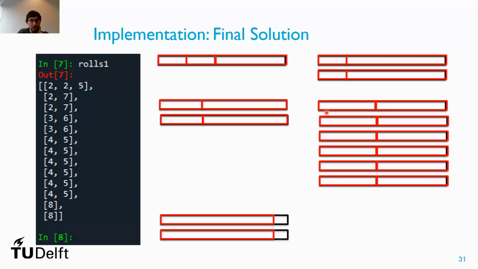We have 6 equivalent rolls with an item of length 4 and 1 item of length 5. And we have 2 rolls with a single item with length 8. So overall we have only 5 unique paths, although we had an initial set which was 7, plus we added 9. So overall we created 16 paths, but in the end only 5 were used.